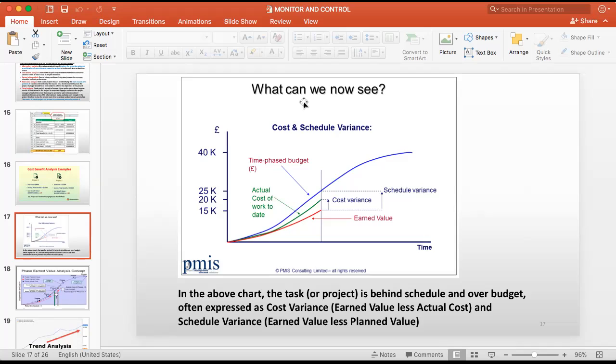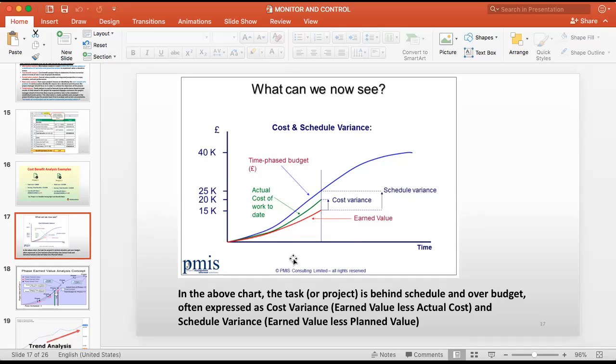But for the 60,000, you have spent 70,000 because you have used more labor, more machinery, and you have not monitored your work. That is the actual cost, but you are getting only 60,000. So there's a problem. There's a cost variance. So that is what it says.